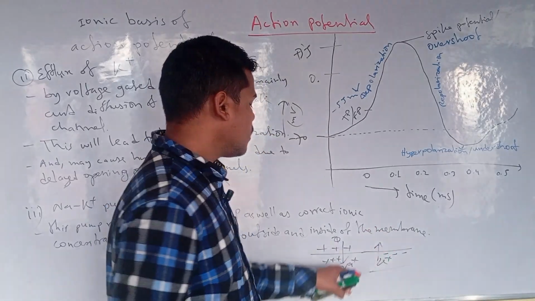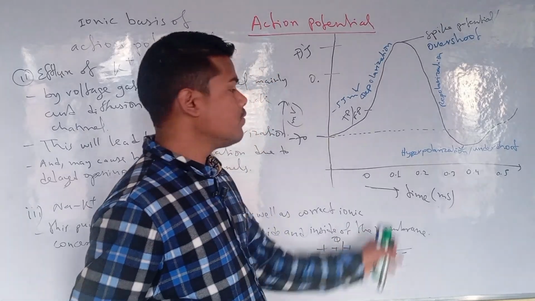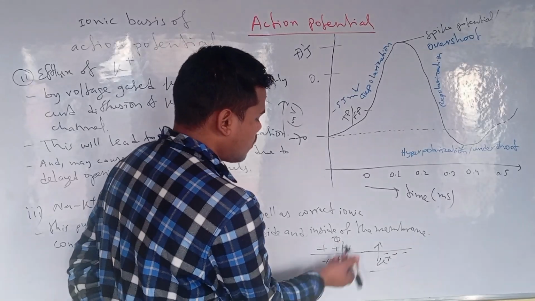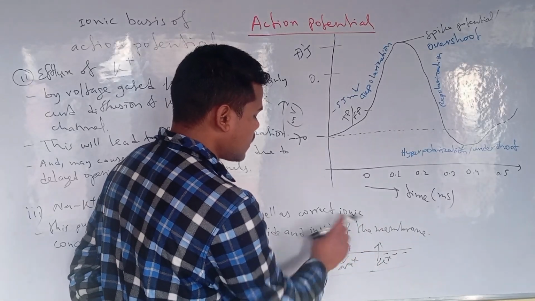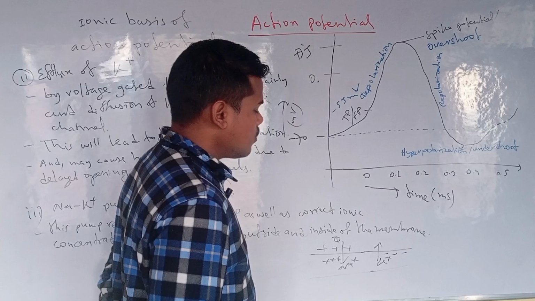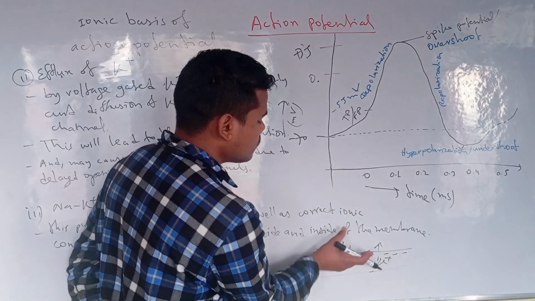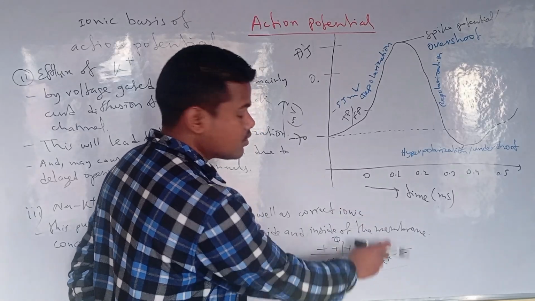Normally sodium is higher in concentration outside and potassium is higher inside, and this mechanism just reverses the concentration.